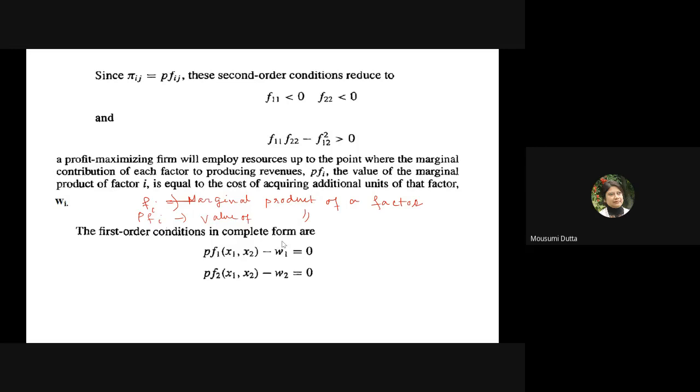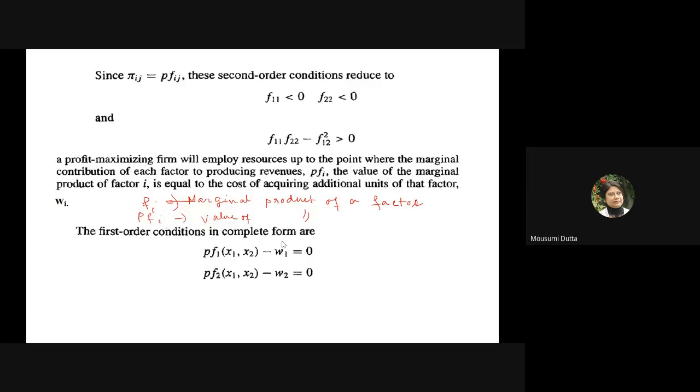We can either solve for w1, w2, or we can solve for x1, x2. However, in this context, we are interested in the input demand. So we will solve for x1, x2 in terms of w1, w2, and p. So we will consider w1, w2, and p as parameters, and x1 and x2 will be treated as variables.